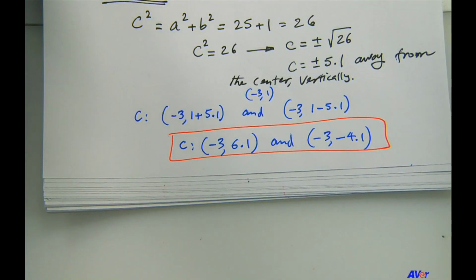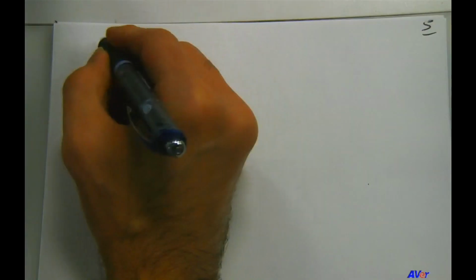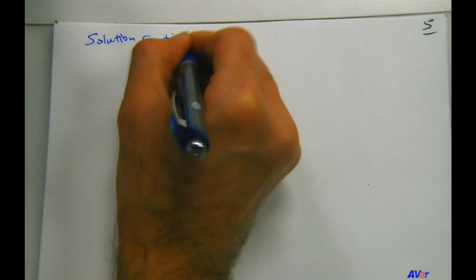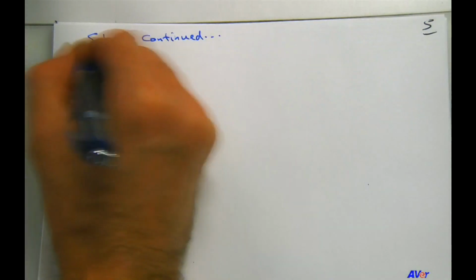Okay, so let's graph the asymptotes. I have to go to the other page. So this is solution continued.